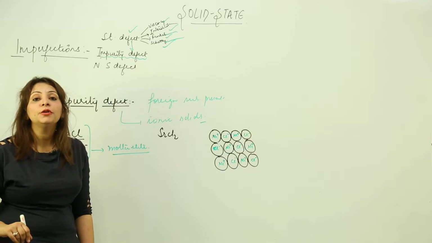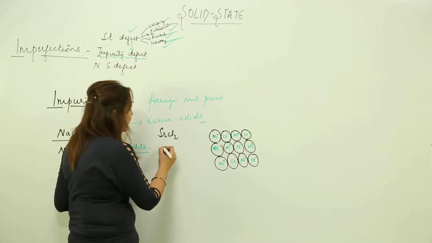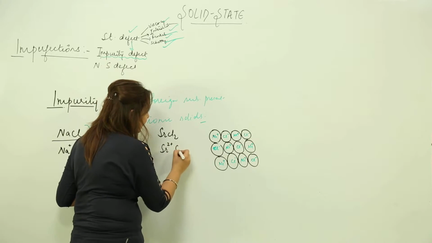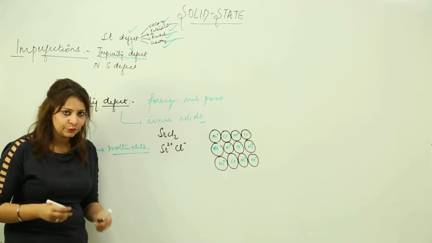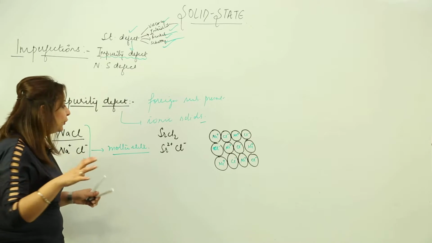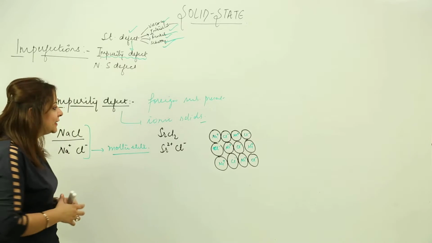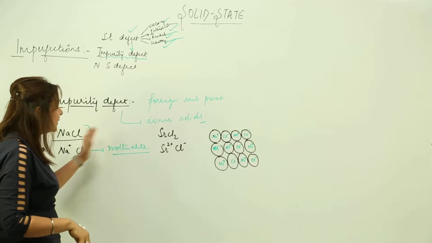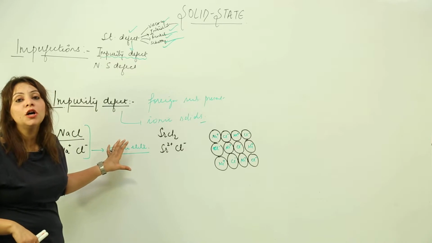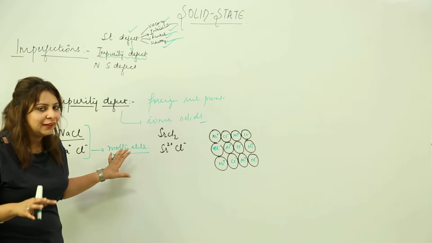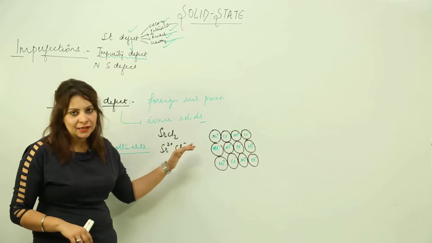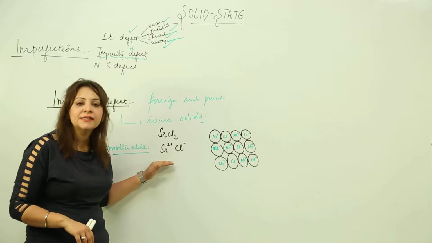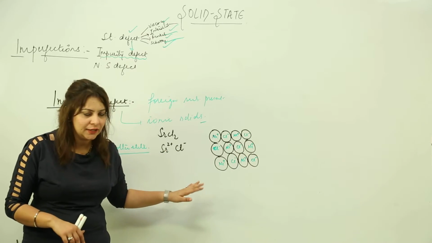The ions which form strontium chloride are Sr2 positive and definitely Cl negative, right. So this is a NaCl crystal, and it is in a molten state, that means somehow the bond between Na and Cl is not so strong. Now we are going to add this SrCl2, that is the Sr2 positive ion and Cl negative ions.